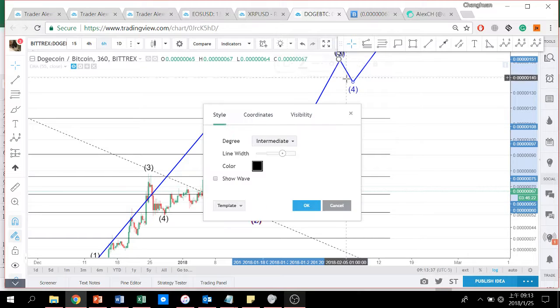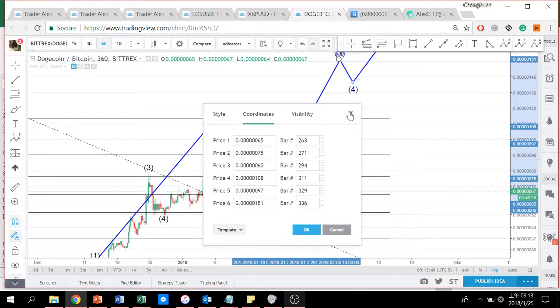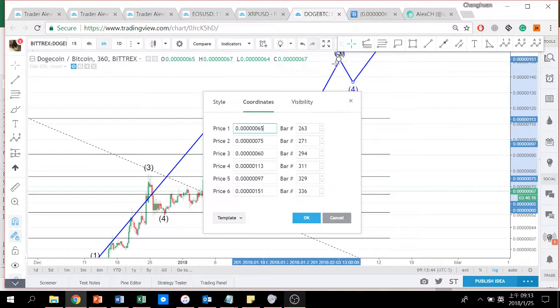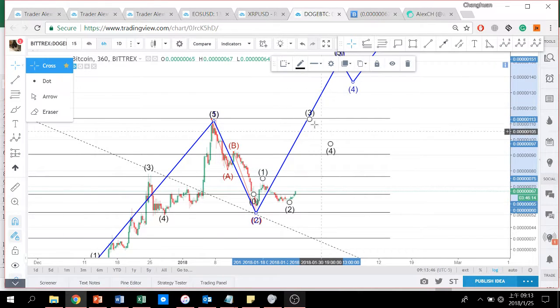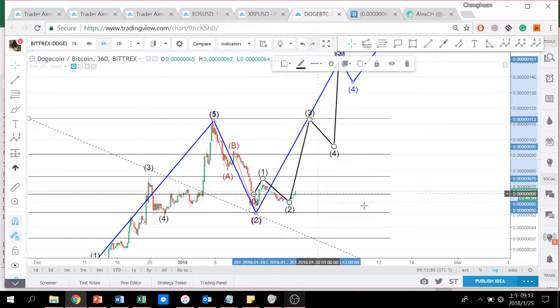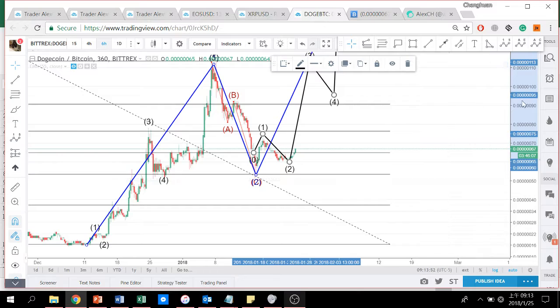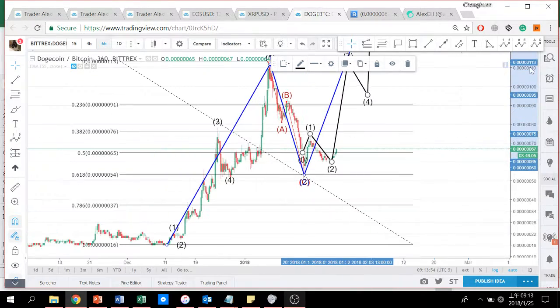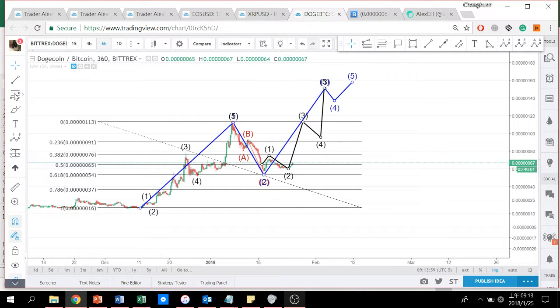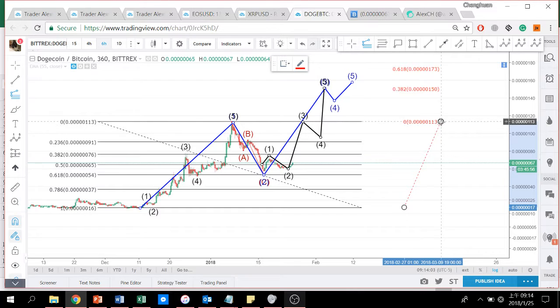Now, if we were to take a Fibonacci extension of the whole leg going up like this, right? Let's find the target for wave 3.